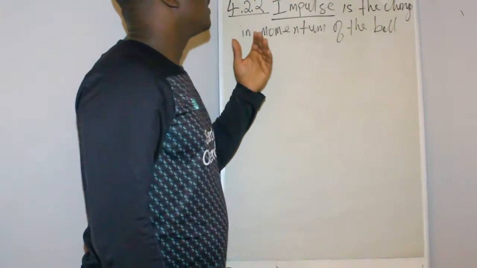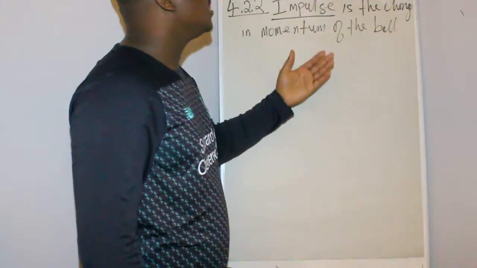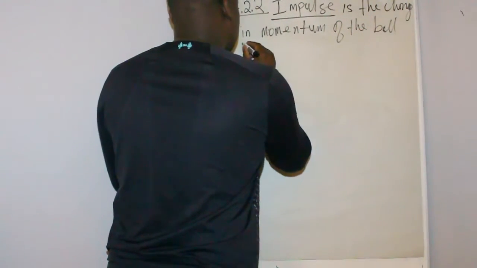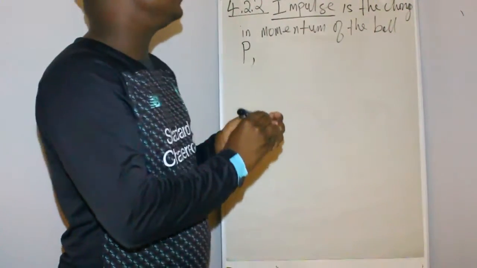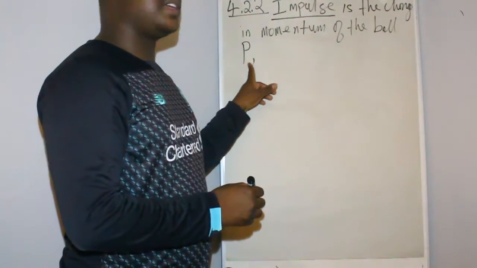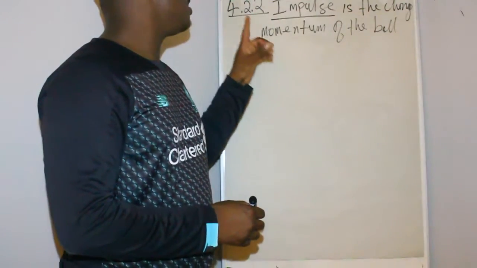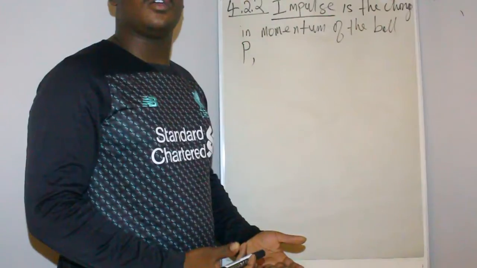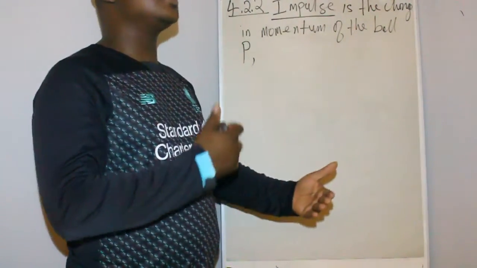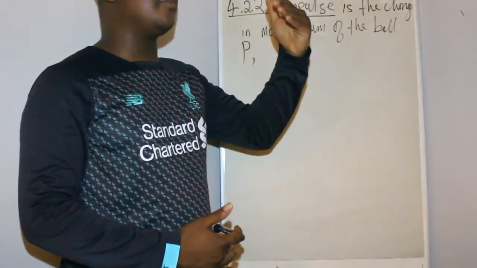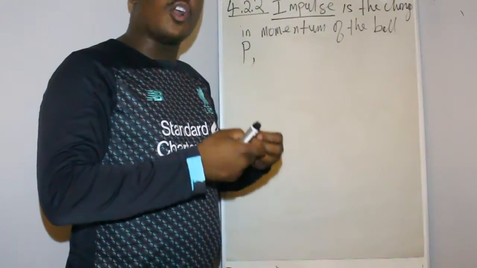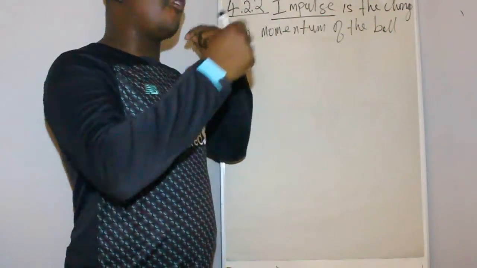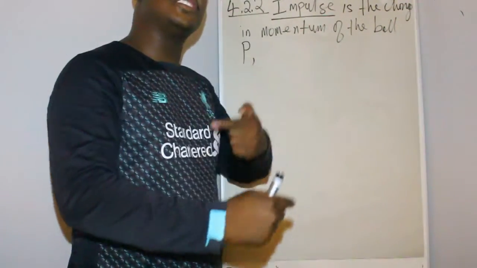So the impulse is the change in momentum of ball P, because they want us to calculate the impulse on ball P. This change in momentum is caused by the force that is acting on it.